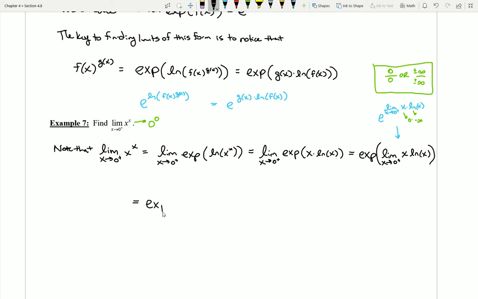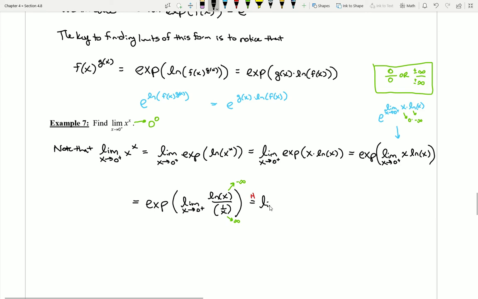I could rewrite this then as e raised to the power of my limit, but I'm going to rewrite my limit with 1 over x. Then I can note that I'm going to be in the form of negative infinity over infinity, and so I have a good opportunity now to use L'Hopital's rule.